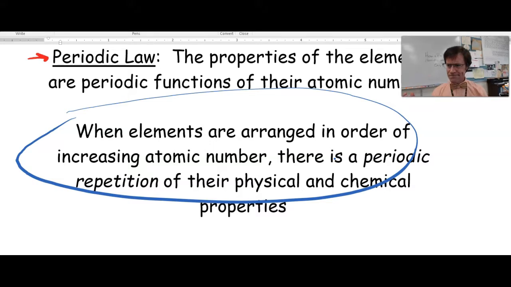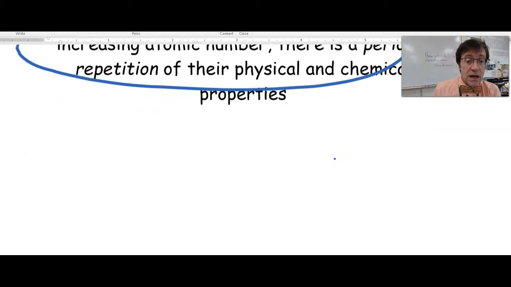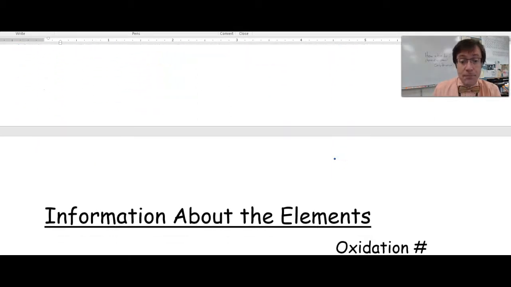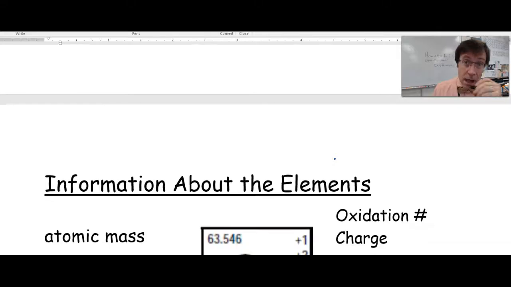That means repeatedly, over a period of time, things repeated. And so what Moseley did is basically once things started repeating, he hit the enter button and went on a new line on his periodic table, and that's how we got the periodic table of the elements of today.